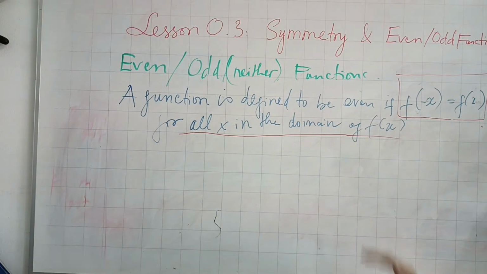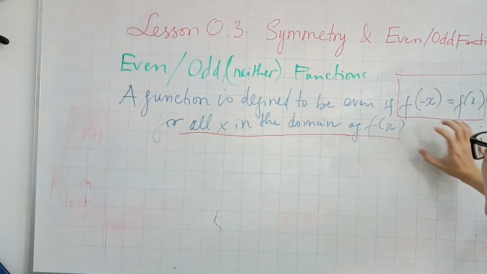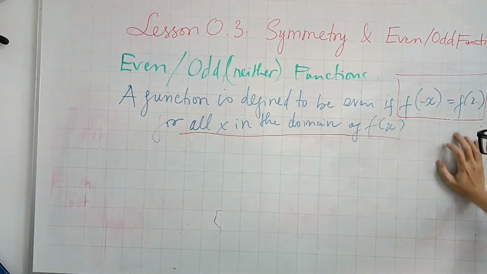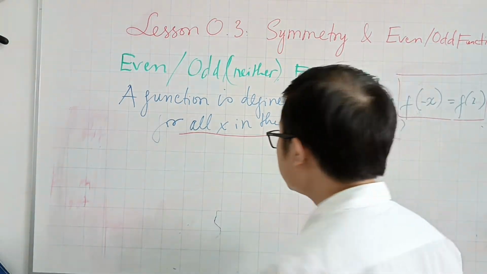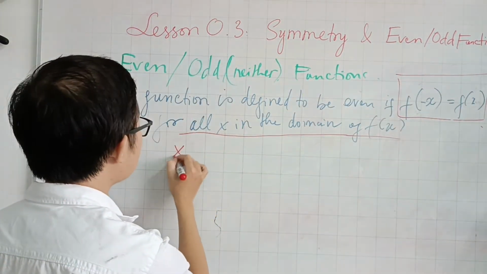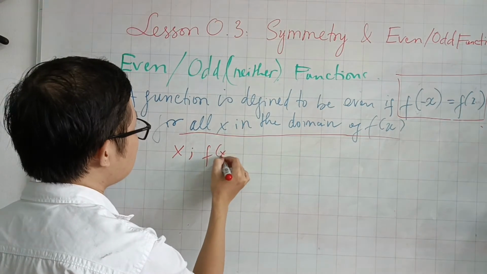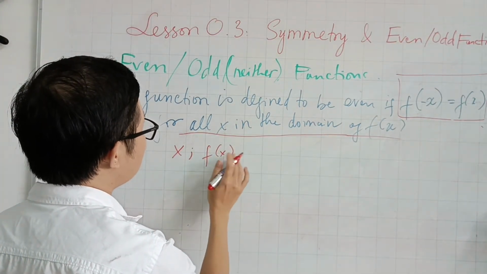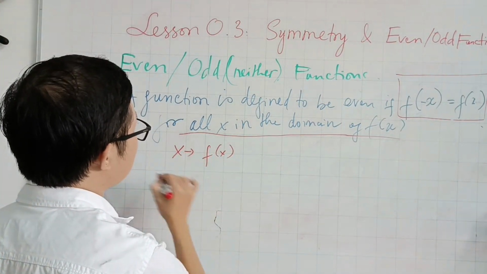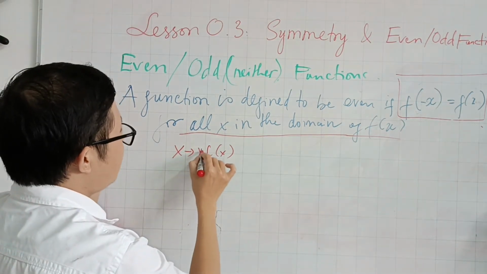So we see here in the definition of even function, we have a point (x, y) with y equal f(x).